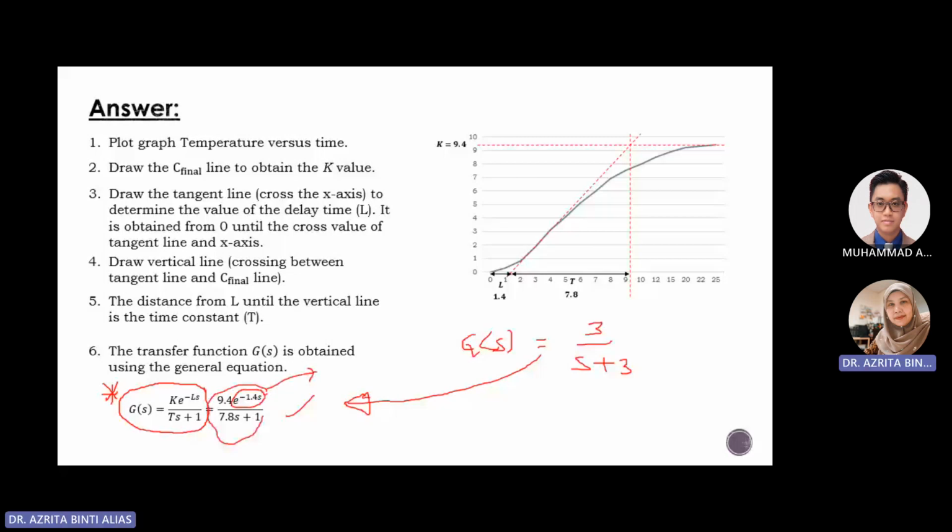So if the transfer function contains the exponential, we know that this system has a delay time. Without delay, our output response would start from 0 and immediately increase.